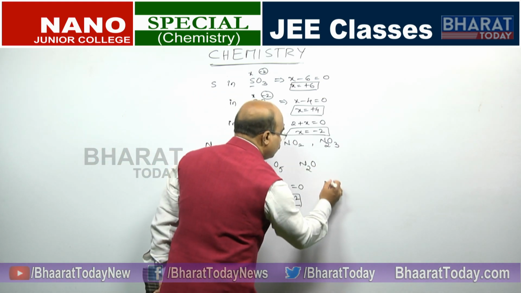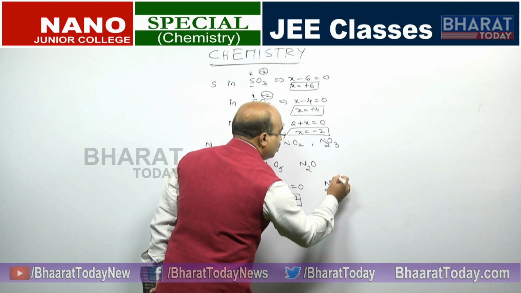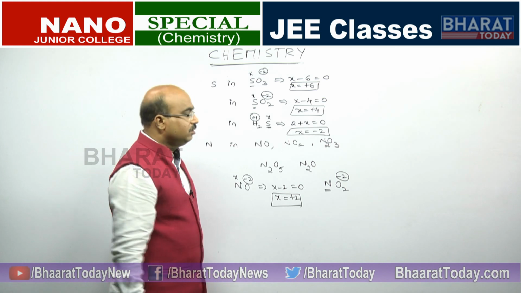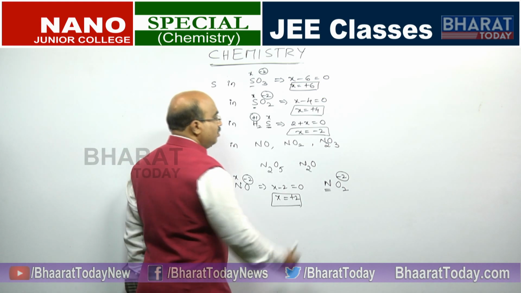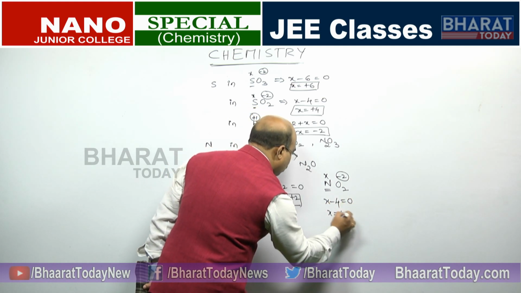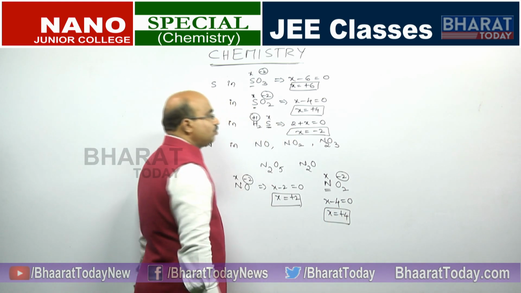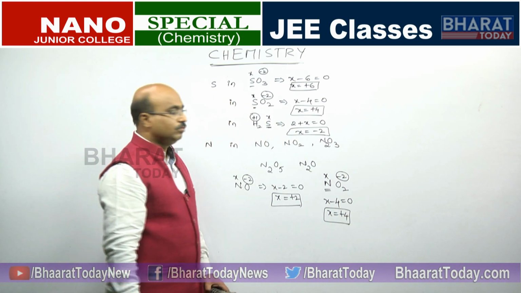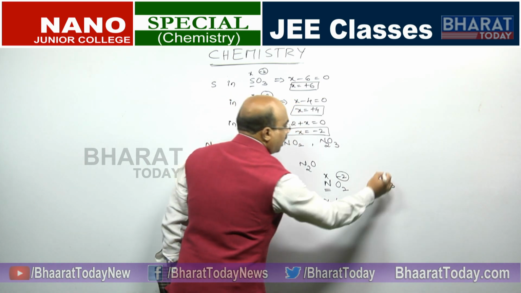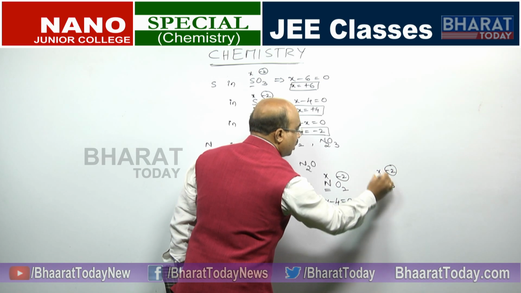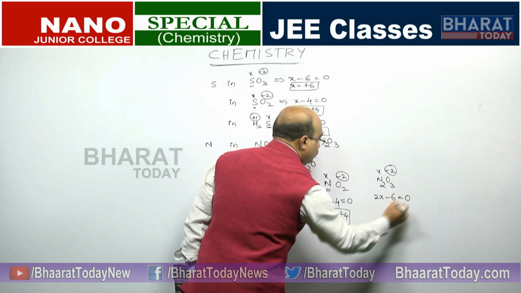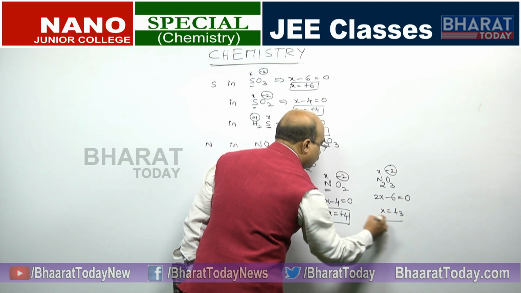Then NO2: oxygen is again -2, it is not a peroxide or superoxide. So X minus 4 is equal to 0, X is equal to +4. Then N2O3: oxygen is -2, nitrogen is X, 2X minus 6 is equal to 0, X is equal to +3.